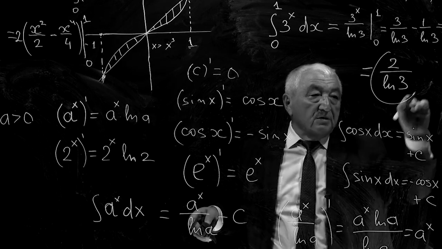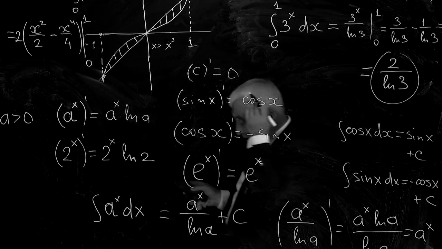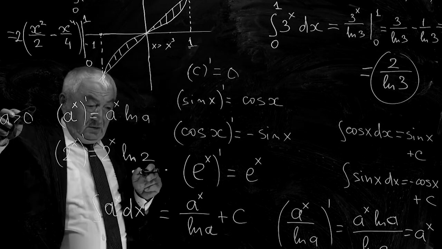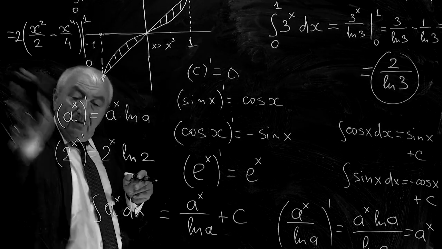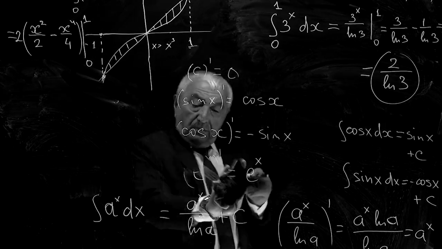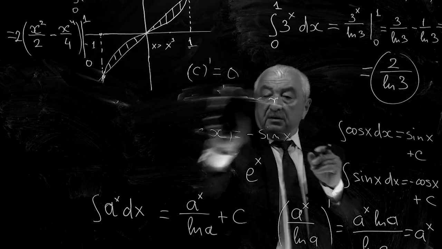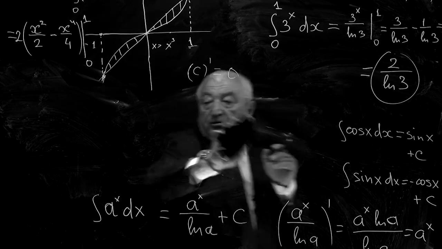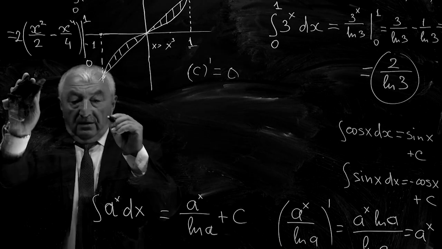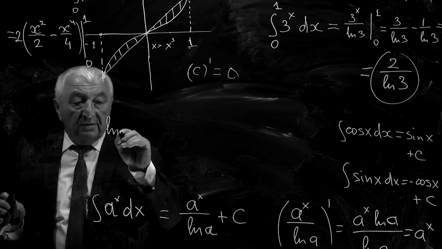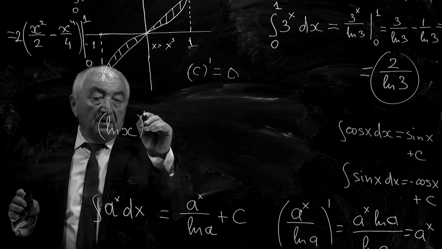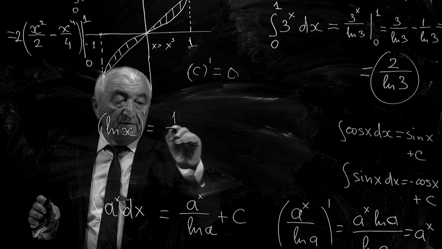This is the correct answer. About another type, logarithmic functions, this is very useful to know. If we calculate the derivative of the logarithmic function with natural base, we get 1 divided by x.